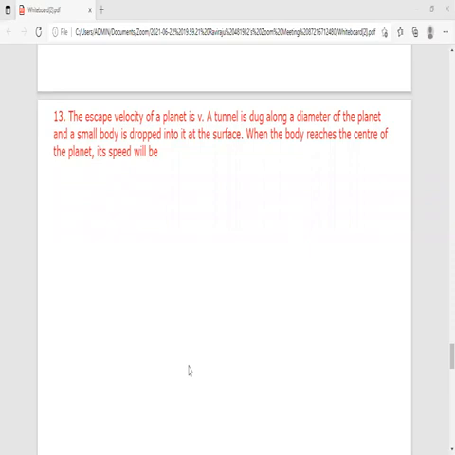Okay, so here it is given that Earth is taken like this, and a small tunnel is dug along the diameter. Anywhere you can consider, along this particular line, it is completely vacant.